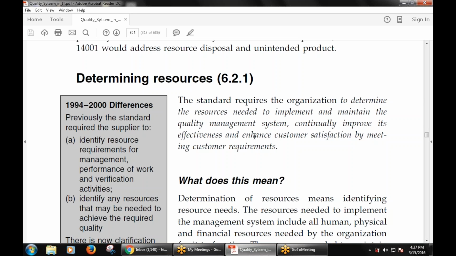So improving the effectiveness and enhancing customer satisfaction by meeting the customer requirements is what determining the resources is about.